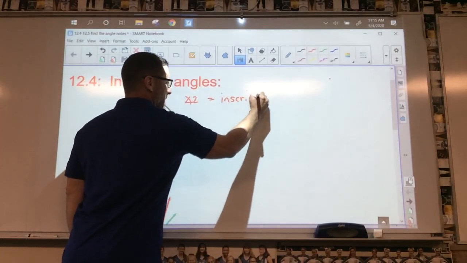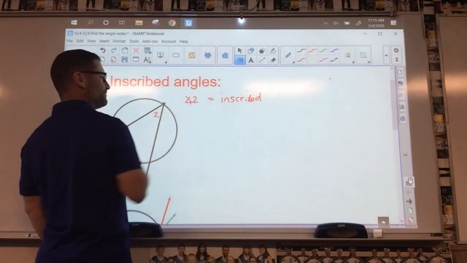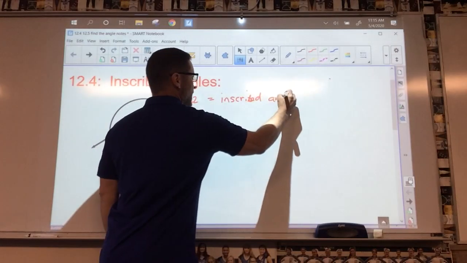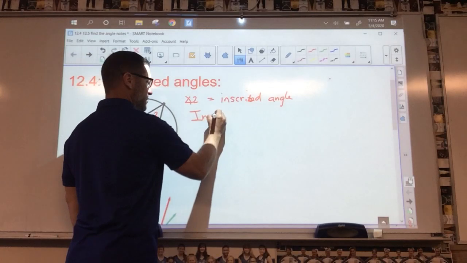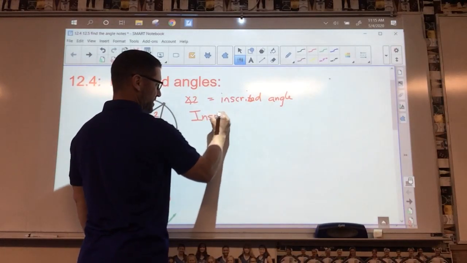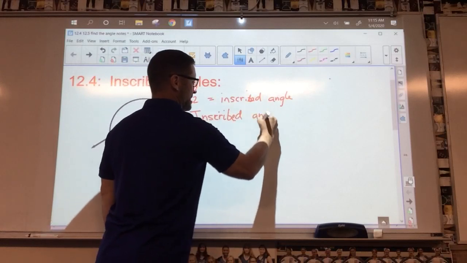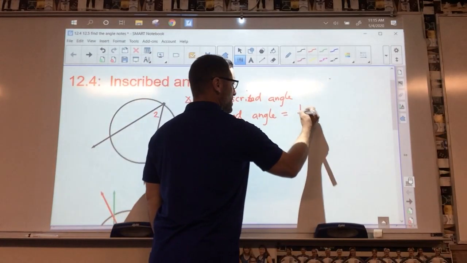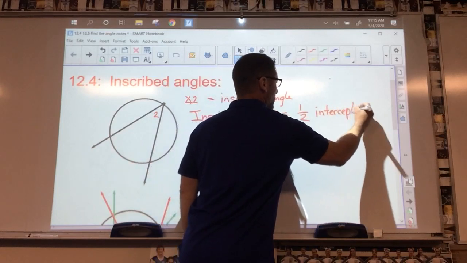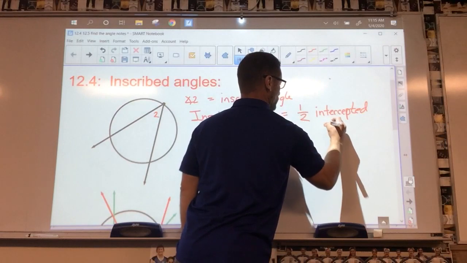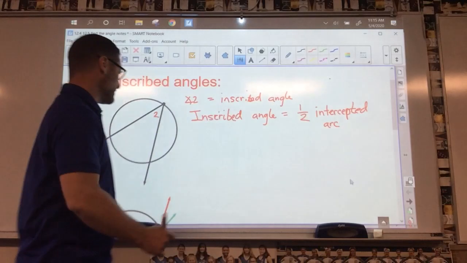And the rule is: an inscribed angle is equal to 1/2 the intercepted arc. So whatever the arc is, that inscribed angle is half of it.